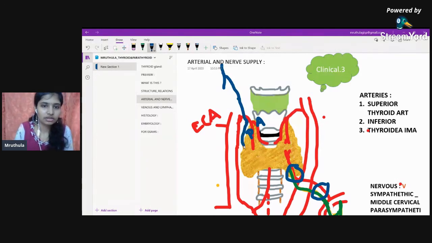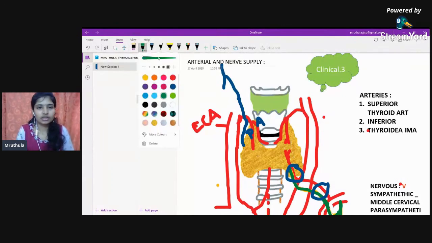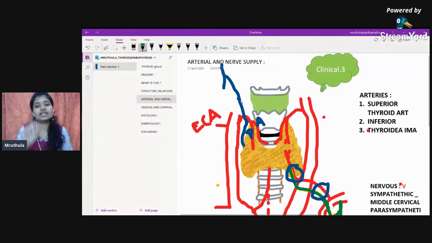So here the external laryngeal nerve is close to the superior thyroid artery, away from the gland, and it is away from the artery, close to the gland. Let us not confuse it. Just remember the diagram. If you know one relation, the opposite is for the other.